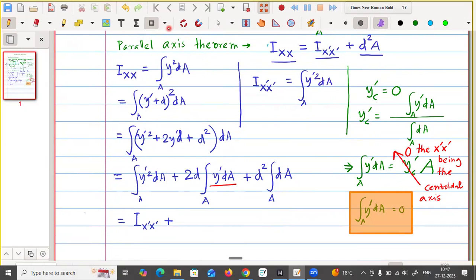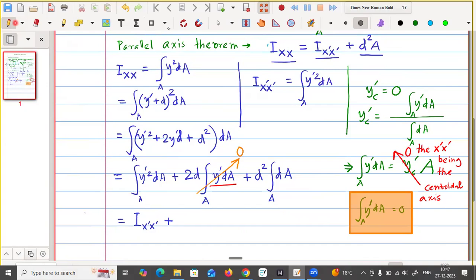Therefore, this will be 0. Therefore, this term will vanish. You have to write the proper explanation because this being passing through the centroid, therefore this will be 0.